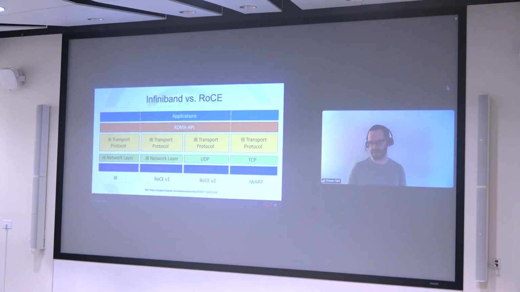So the RoCE protocols are based on Ethernet, but then they have different layers of InfiniBand on top of that, and you can go all the way over to the right with iWARP, where it's a lot of familiar TCP and Ethernet, but still some IB layers on top. It seems like a lot of people are interested in RoCE v2 nowadays. RoCE v1 has gotten less interesting for folks, so that's where we'll focus a little bit.